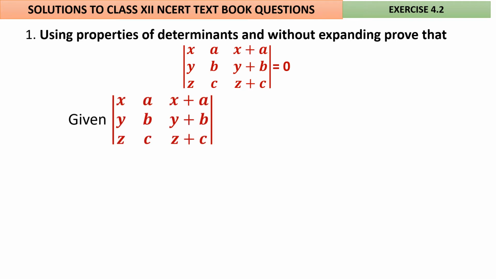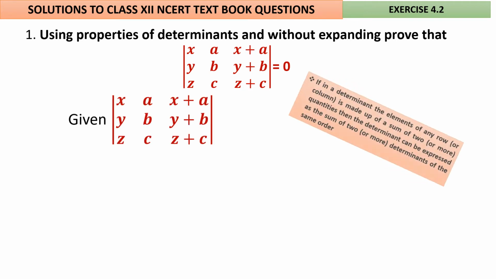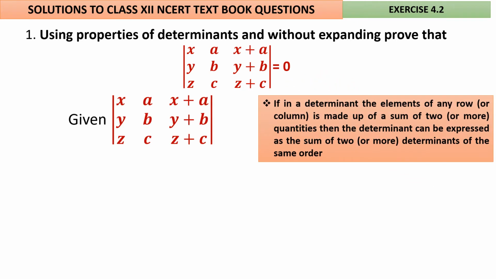Okay. First, you are given one determinant now. In the determinant, the elements of a row are made up of the sum of two quantities. Then the determinant can be expressed as the sum of two or more determinants of the same order. You are seeing the third column is written as x plus a, y plus b, z plus c.